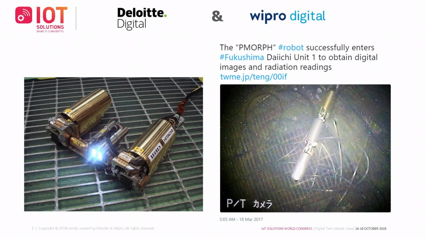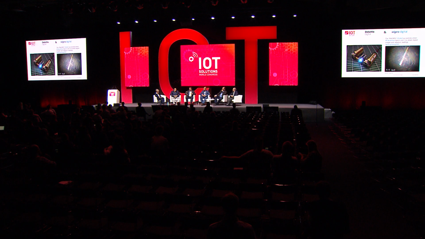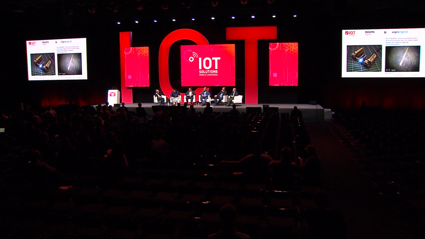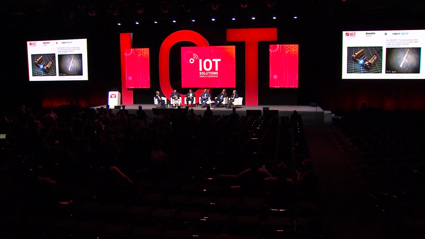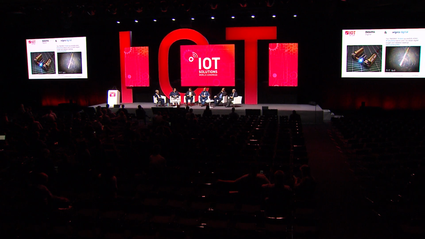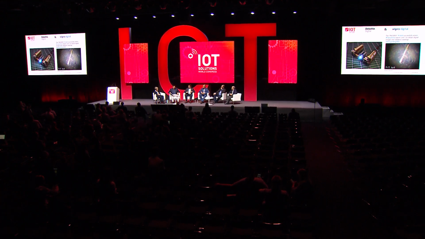So what we ended up doing was creating a physical twin of the reactor itself, and then using that twin to train the robot to navigate through the spaces, deal with some of the dynamic situations that it finds inside, and eventually get in and make the necessary measurements. So at one level, this is an example of a digital twin of the reactor that was used to train the robot on how to navigate in that space.